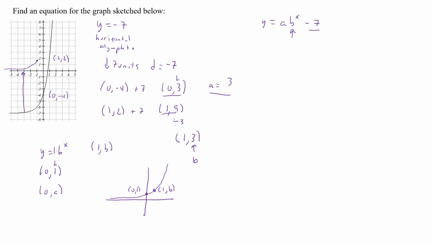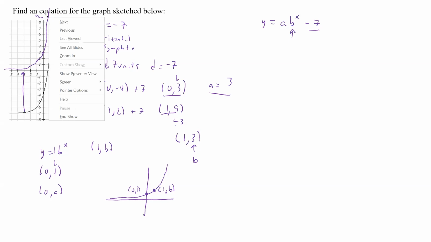If I actually graph that, I would have something that would go like that. Not a very good drawing again. Our next point up here would be 9, and I'd have my 1, 9 at that point right there. So now I've got my 0, 3 and my 1, 9.